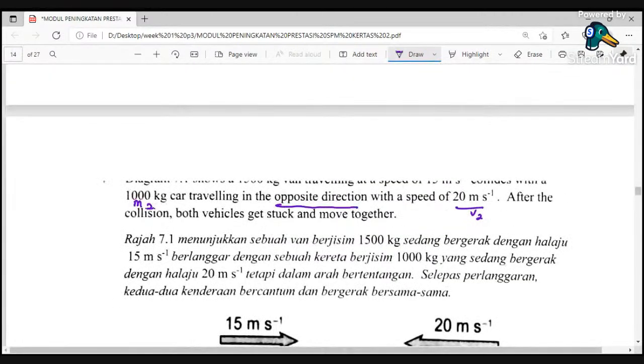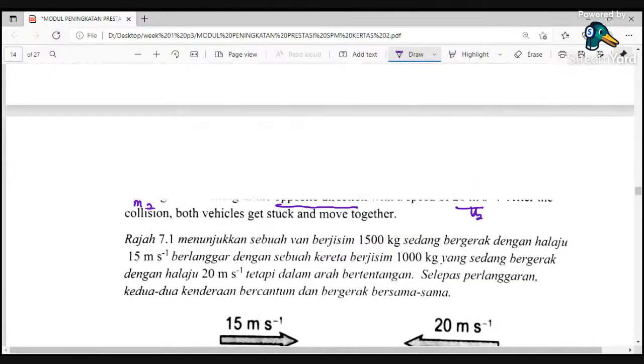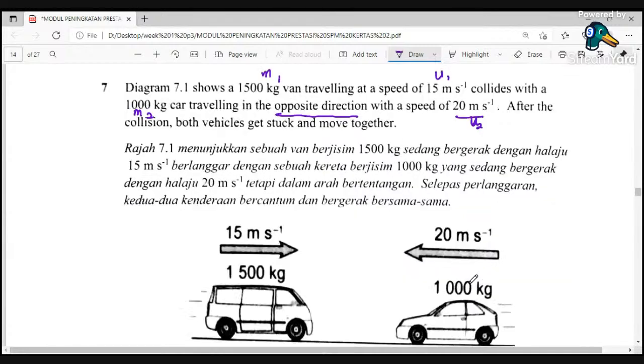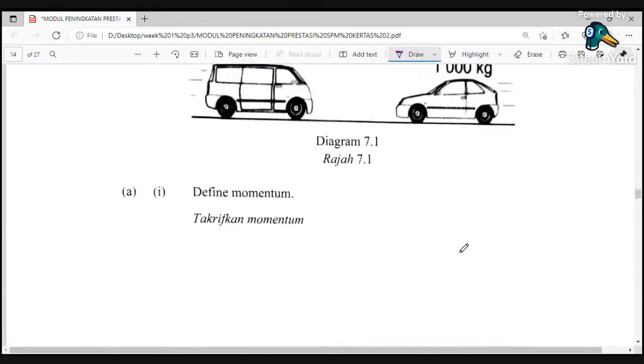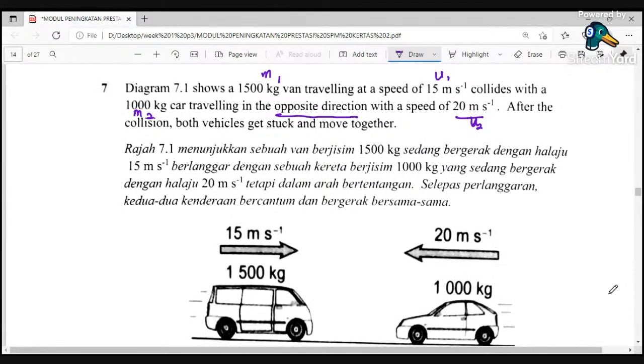This is U2, initial velocity before collide. So both move together, we can assume after collision, they move with a common velocity, V. Okay, they start and then move with common velocity.